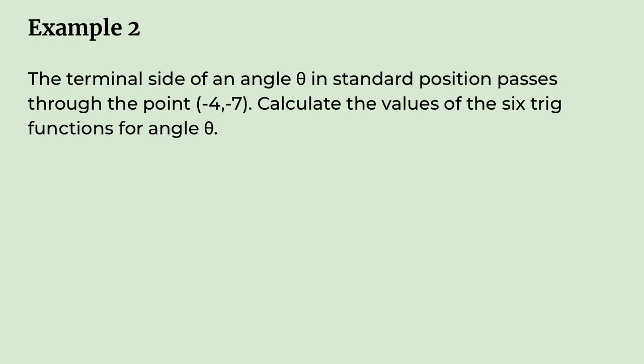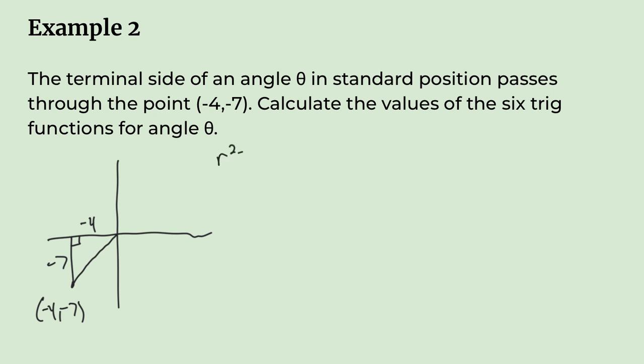This time we're looking at a point in quadrant 3. So we're at (-4, -7). Our r would be the square root of -4 squared plus -7 squared, so we get r equals square root of 65.